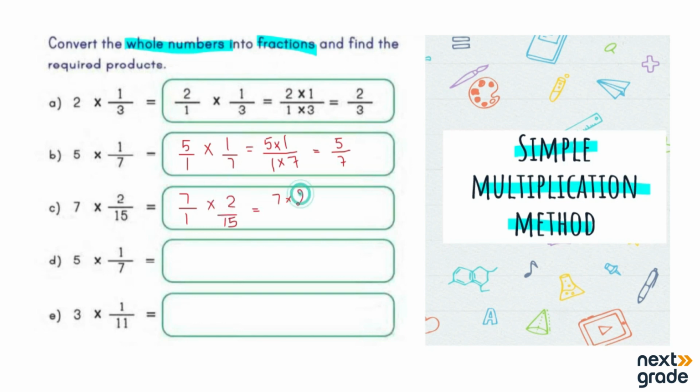It's 2 by 1 multiplied by 15, right? So the answer is 2 sevens of 14 and 14 के बाद 15 multiplied by 1 is 15. The answer is 15.